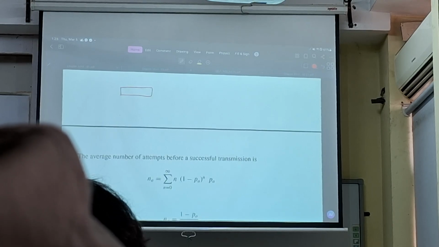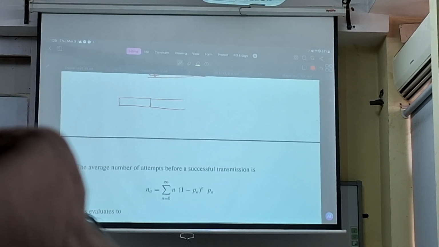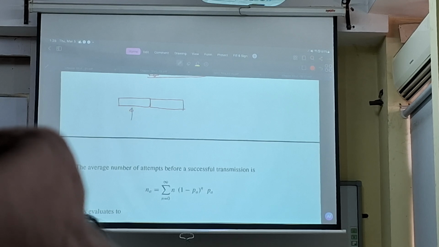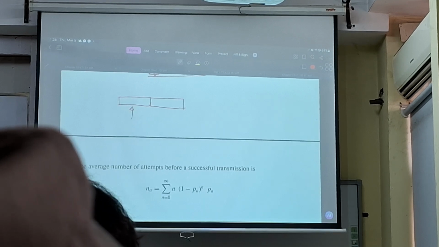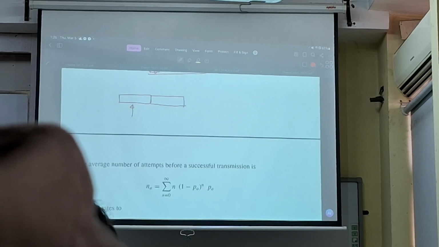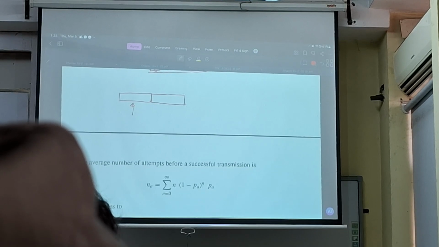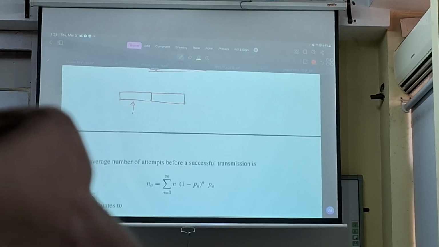If the station immediately retransmits, what will happen? Since this packet was lost due to a collision, that means at least two stations were trying to transmit. So if they start the transmission again, then the collision happens always.